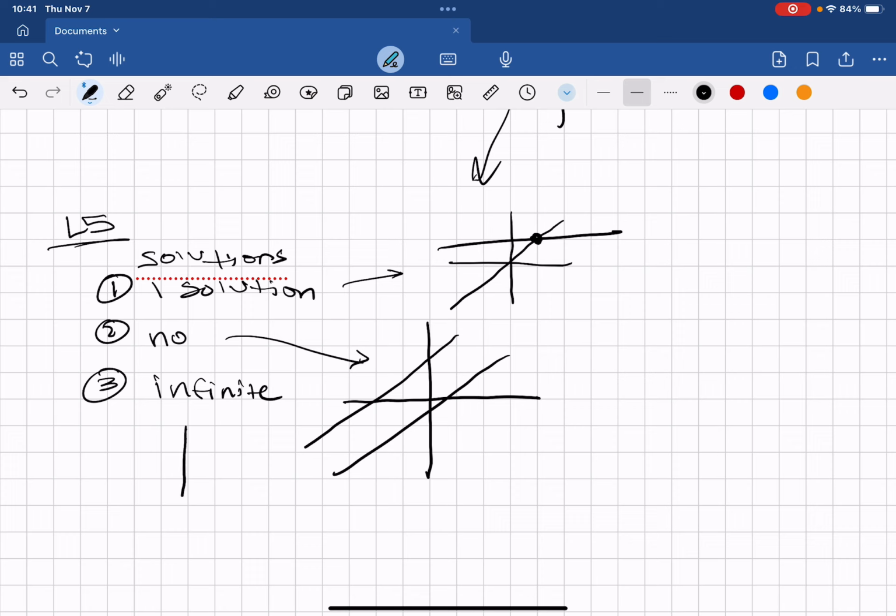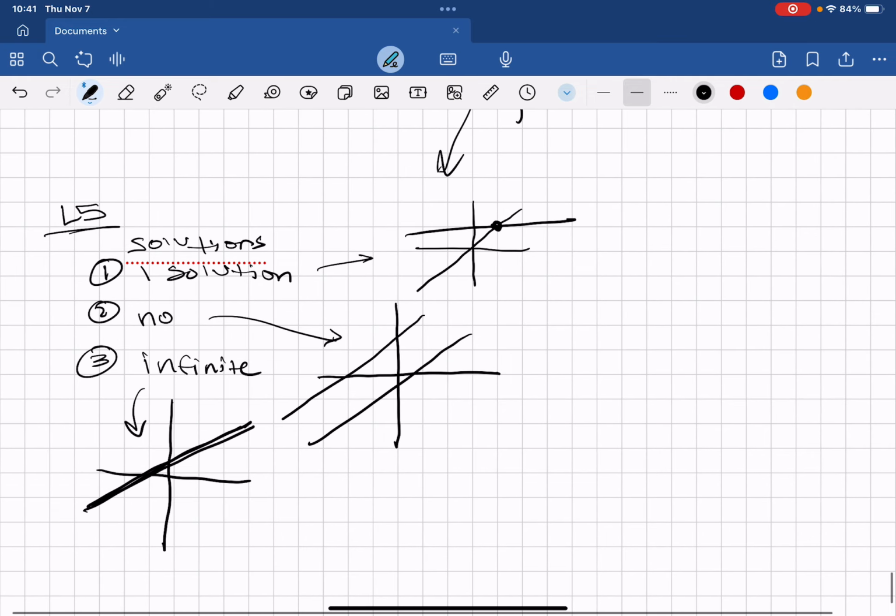And if our lines are literally on top of each other like this, then we have an infinite amount of solutions, because every single point is a solution as they cross at every single point. So that is what that is.